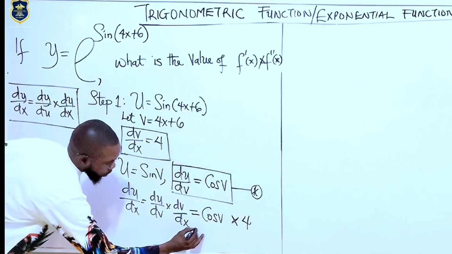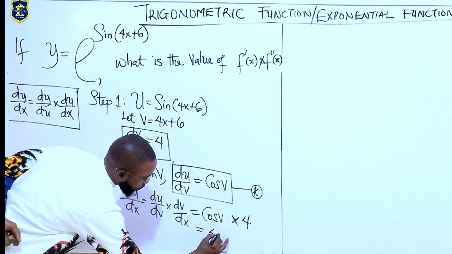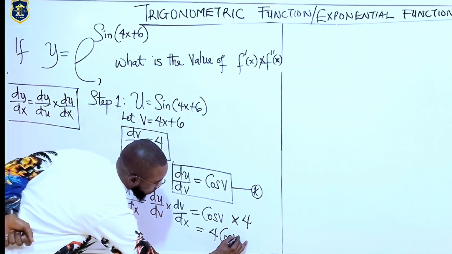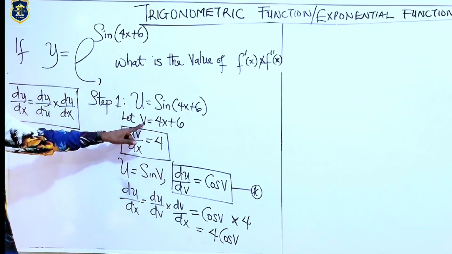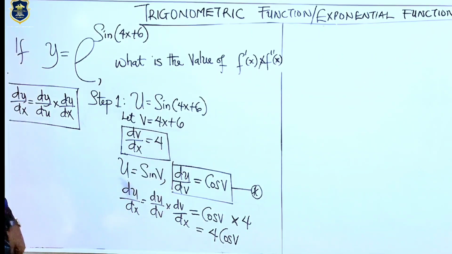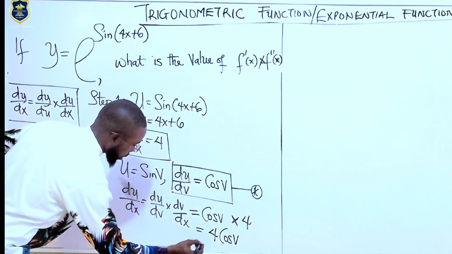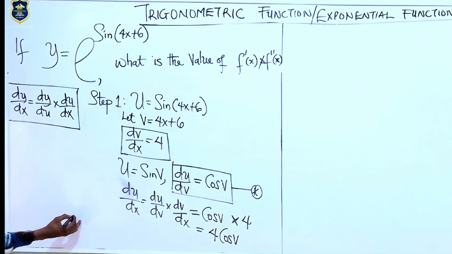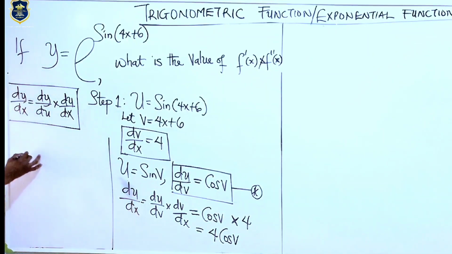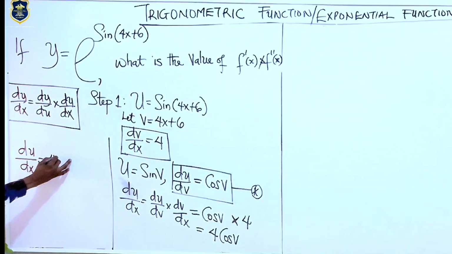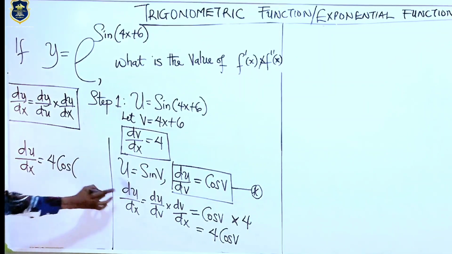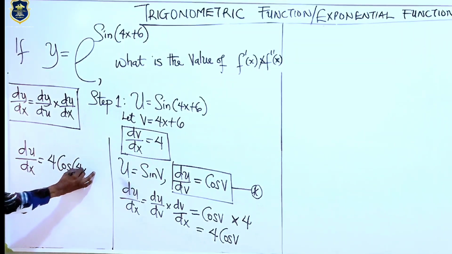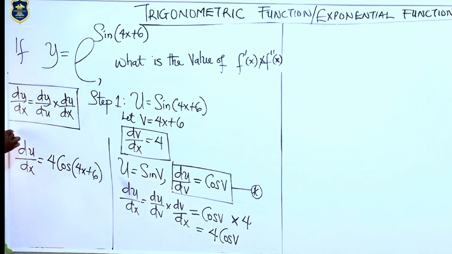If we arrange, we are going to have 4 cos v. Of course, we know v is simply 4x plus 6. By replacing that, du over dx is simply 4 cos of what's the value for v? 4x plus 6. It's quite simple.